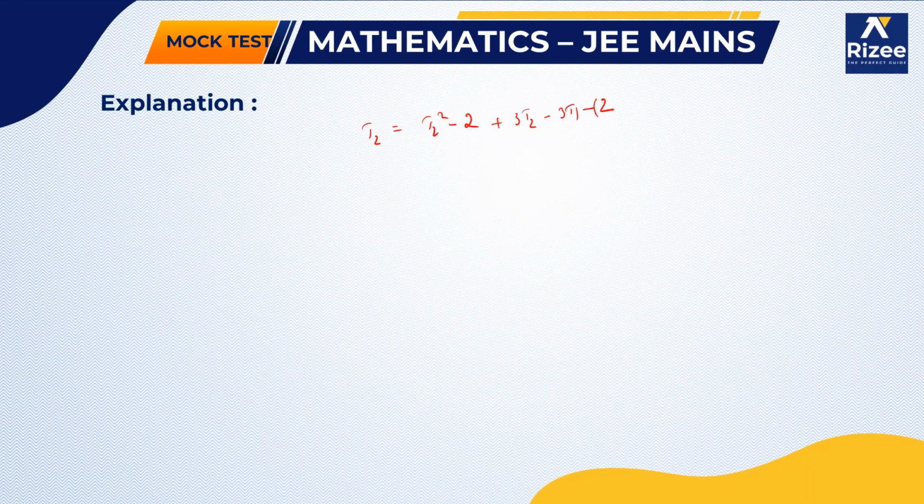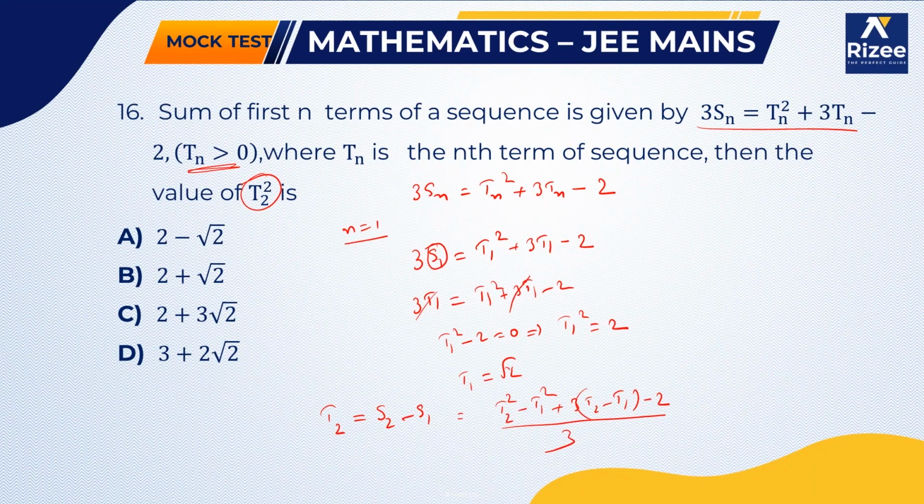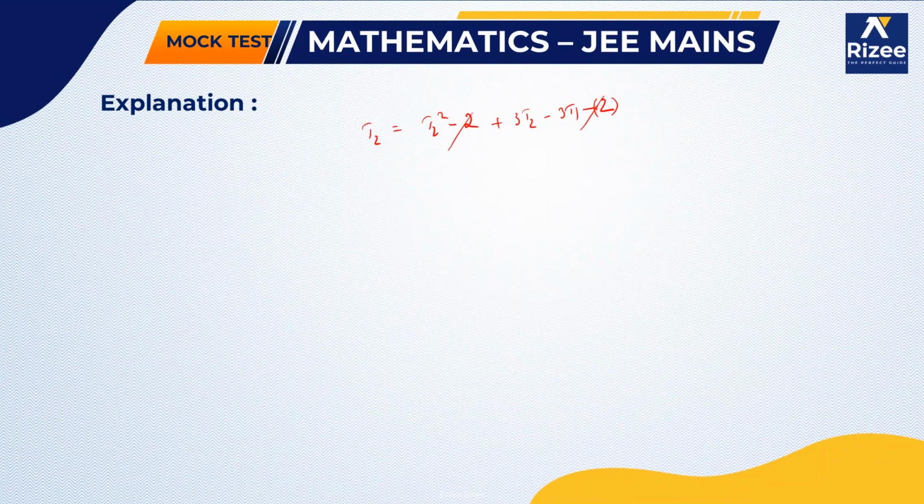Instead of t1 squared we can write 2, and instead of t1 we substitute root 2. These get cancelled. Subtracting minus of minus 2, we get plus 2, a small mistake earlier. So 3t2 equals t2 squared plus 3t2 minus 3t1 plus 2, substituting t1.